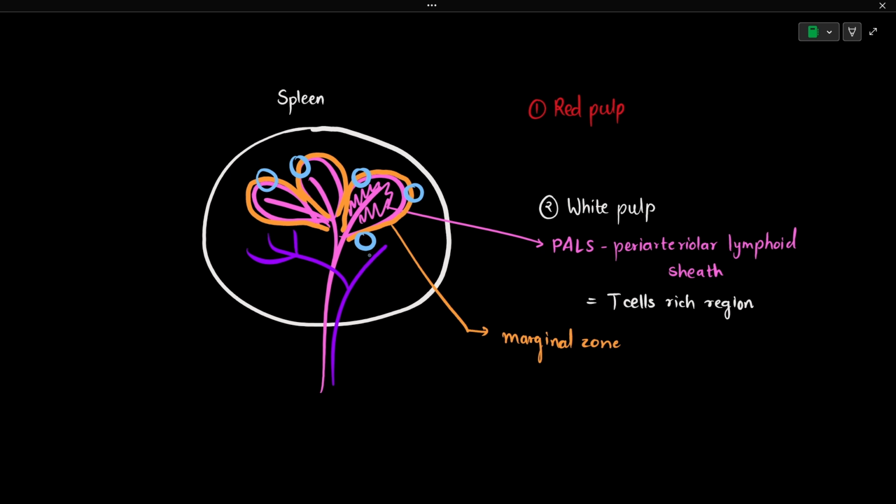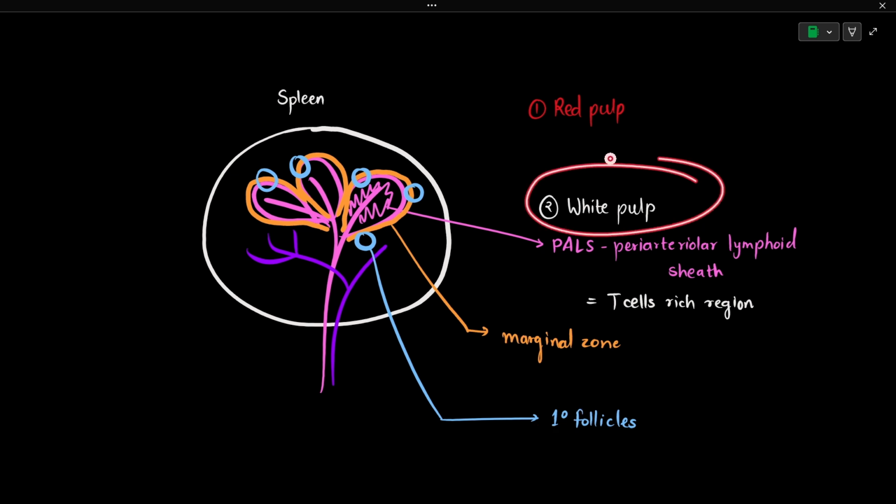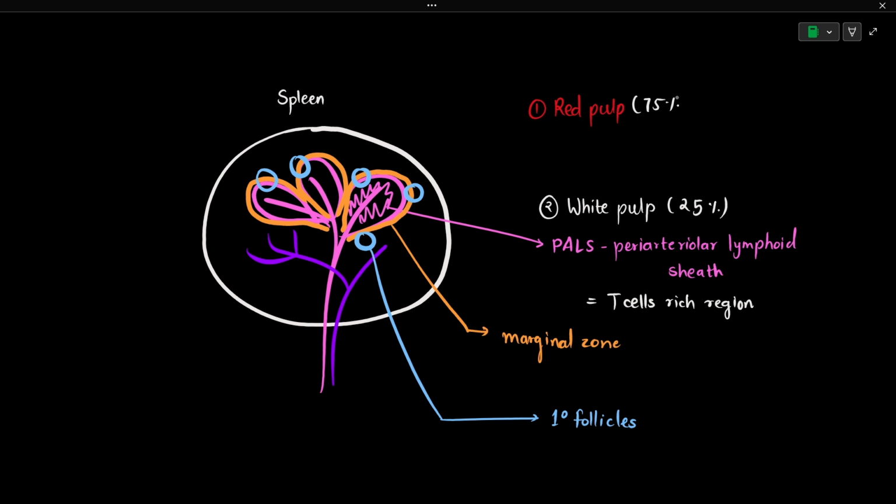These blue ones are the primary follicles. So those three components, the PALS, the marginal zone, and the primary follicles, are a part of the white pulp. Together they make up the white pulp, and this white pulp makes up 25% of the spleen, whereas the rest, 75% of the spleen, is the red pulp. So this remaining portion is the red pulp.